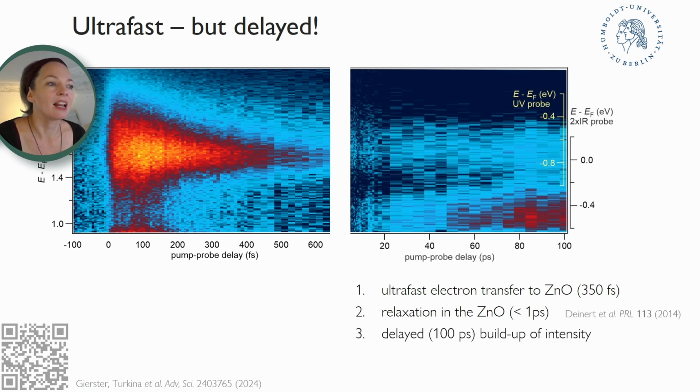And then at later delays, we observe a buildup of electron intensity at the zinc oxide organic interface. And that is weird. It occurs on a timescale of 100 picoseconds and it exhibits a very strange double feature.